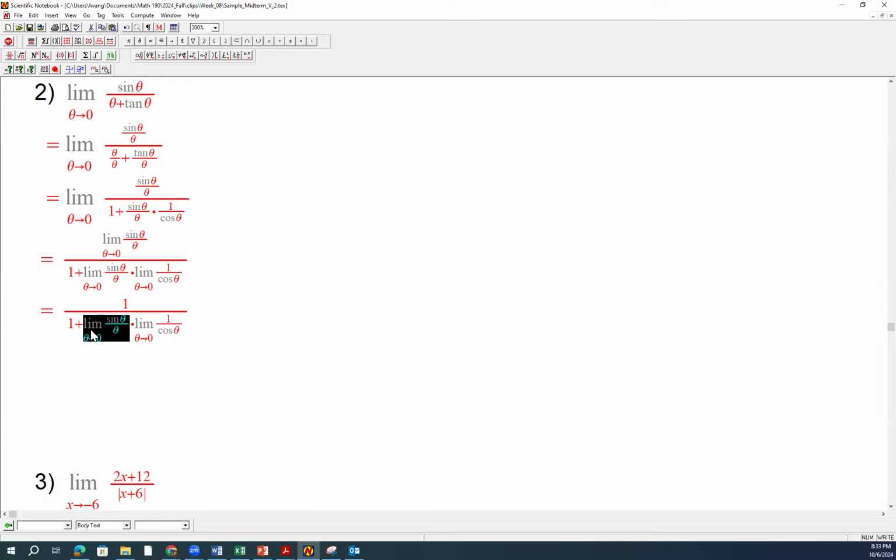This limit equals 1. This limit we can find by direct substitution, because cosine 0 is 1. So 1 over 1 is 1. So in the end, we get 1/2.